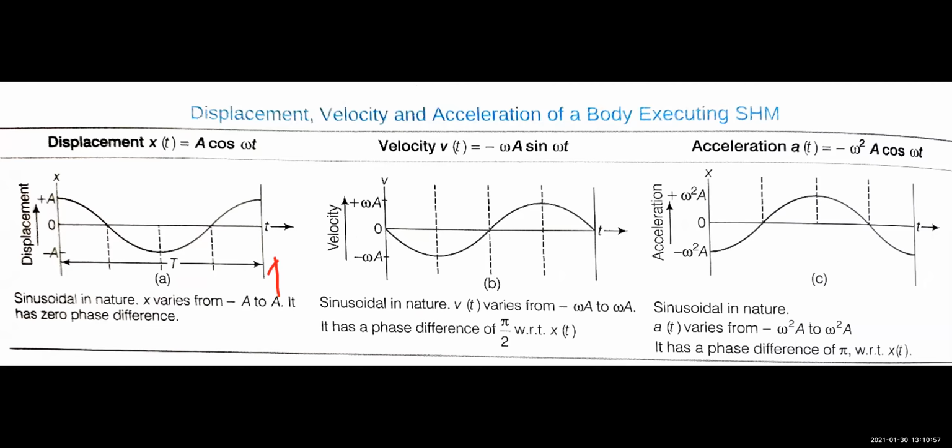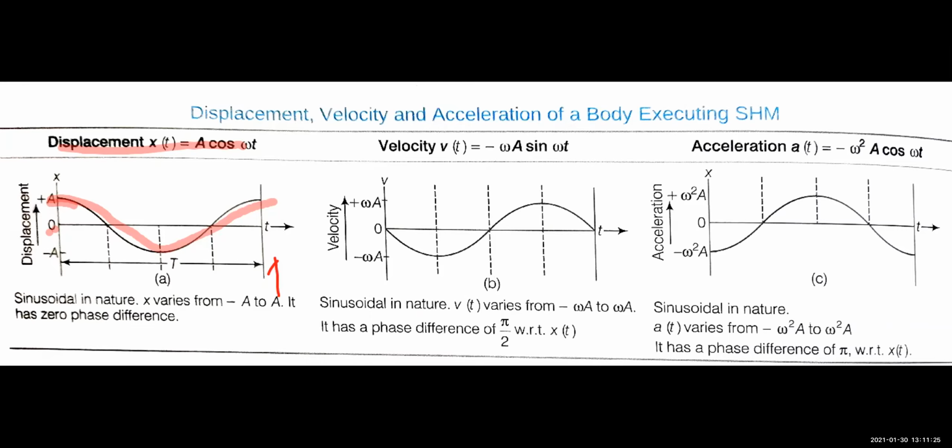You know the displacement x, which is a function of time, equals a cos omega t. Cos at time t equals 0 is maximum, so it is a cosine wave. Here you can see that it is sinusoidal in nature, meaning it is changing periodically.